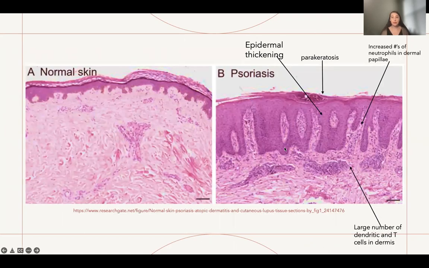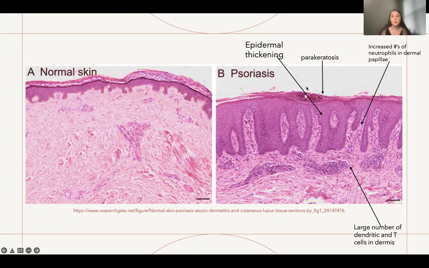Here is a comparison of normal skin versus the skin of an individual with psoriasis. When you first look, we can obviously see the epidermal thickness is far greater in a patient with psoriasis versus the healthy individual.